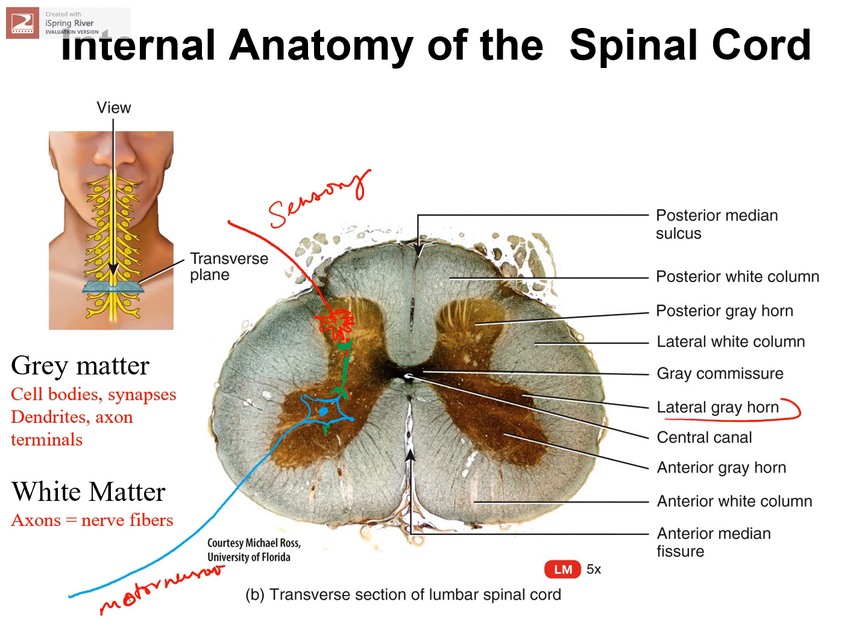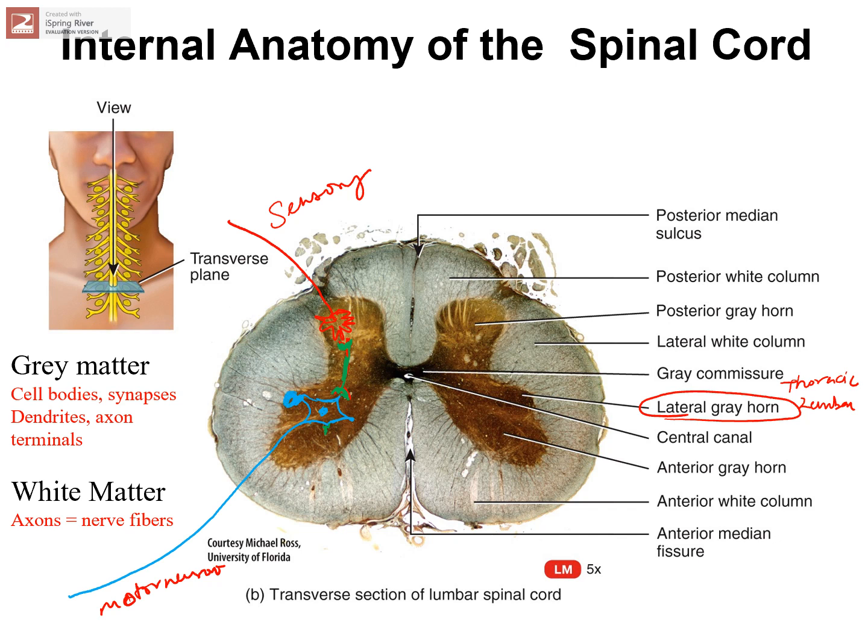Now, like I said, the lateral gray horn is not present in every region of the spinal cord. The lateral gray horns are only present in the thoracic and in the upper lumbar region. So why are they present over here? That is because they're a location where the autonomic motor neuron cell bodies are located.